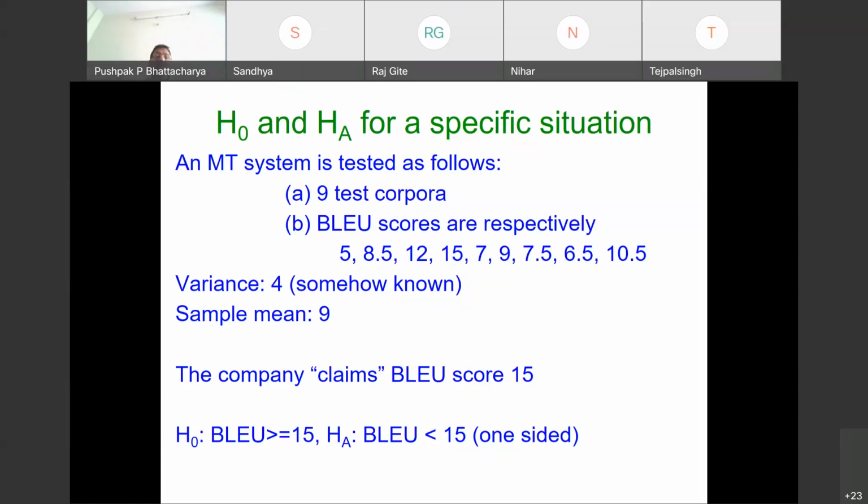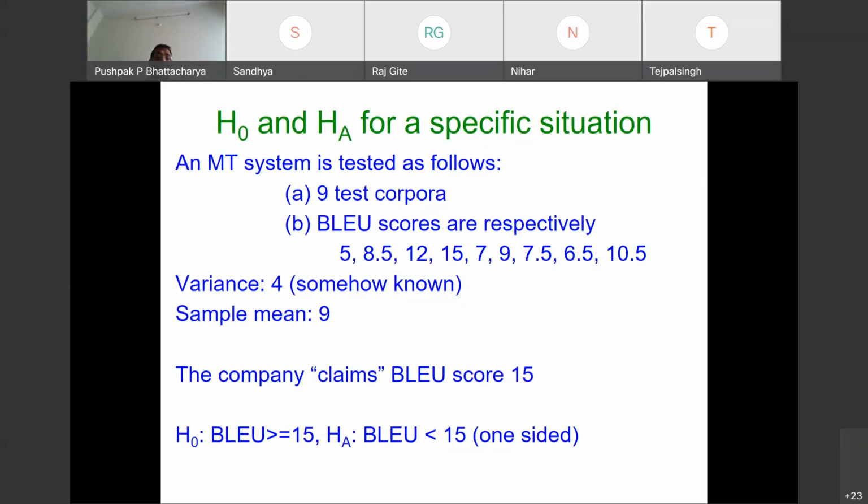We can't say that the BLEU score is, I think, 10. Of course, you can take the average of these BLEU scores and say that average is my BLEU score, but that will not be completely correct. Why not? We have to see.